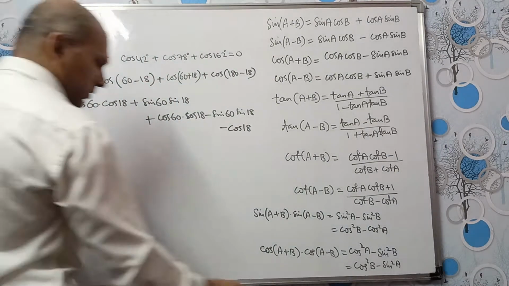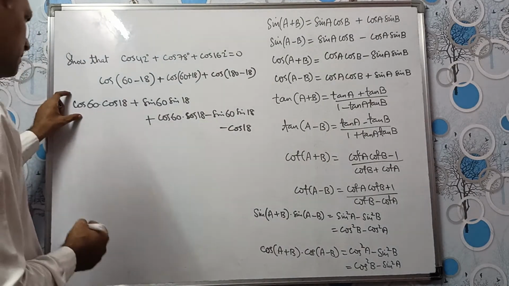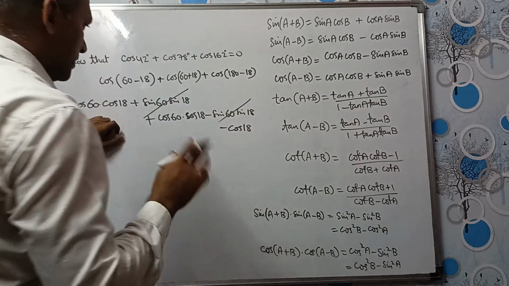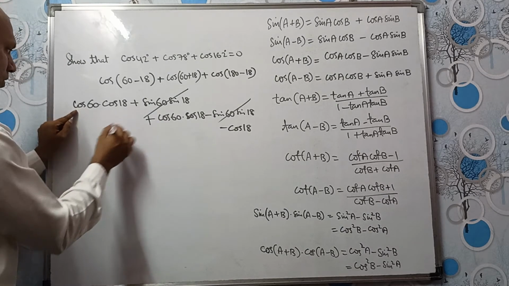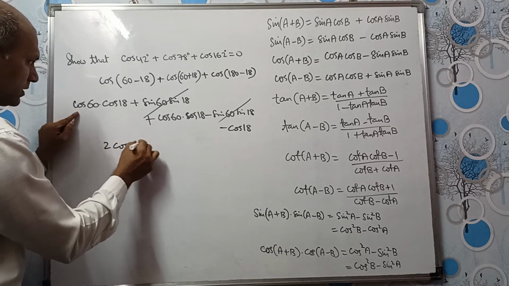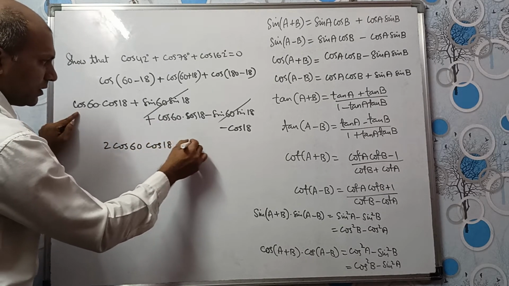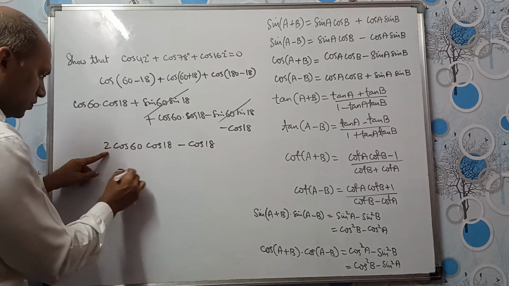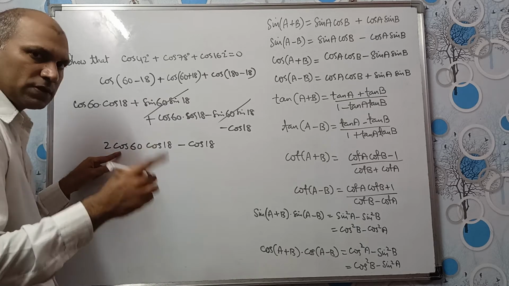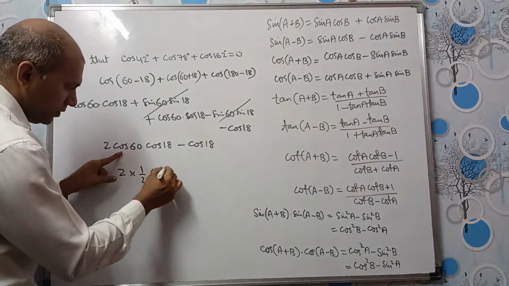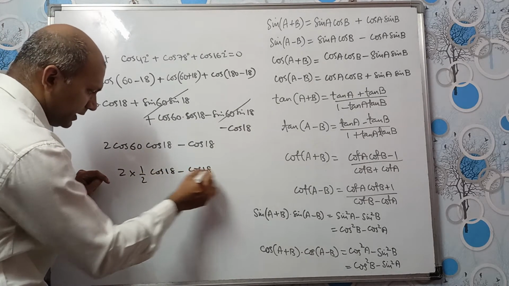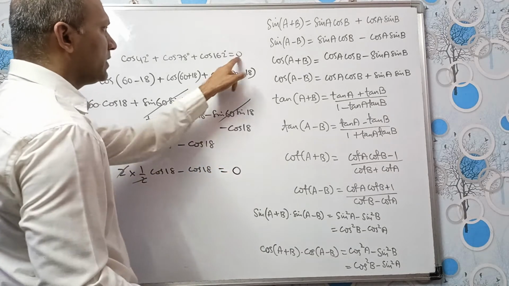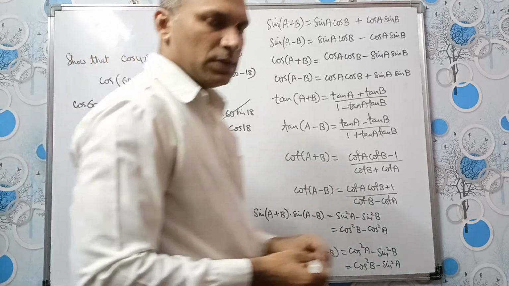See, sin 60 sin 18 and sin 60 sin 18 got cancelled, right? We have this 2 times, so this is 2 cos 60 cos 18 minus cos 18. Cos 60 is 1 by 2, so 2 times 1 by 2 cos 18 minus cos 18. This 2 will get cancelled, right? So cos 18 minus cos 18 is equal to 0.